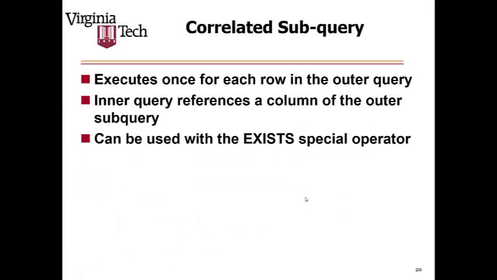Well, a correlated subquery is when the outer statement and the inner statement are joined. When you have an attribute from the outer query used somewhere in the subquery. So the idea is that you are working on the rows as you go.